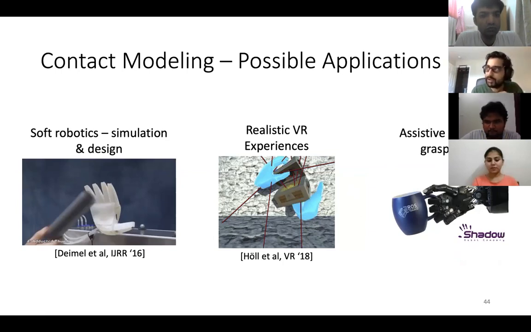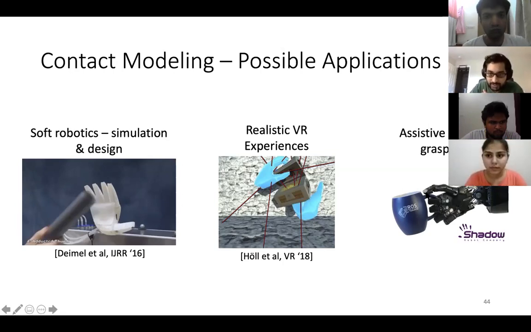So in the first paper, we just showed how you can capture contact, but now we need a model of the contact between the hand and the object, right? So what we need is someone gives us a configuration of the hand and the configuration of the object, and we would like to know very precisely how the hand is contacting the object. That's what we mean by contact modeling.